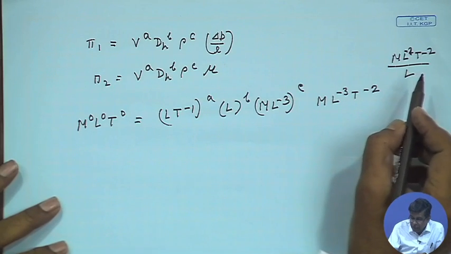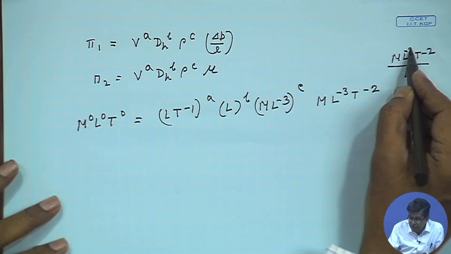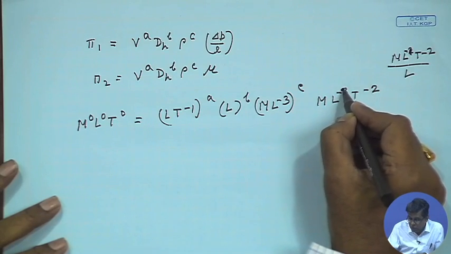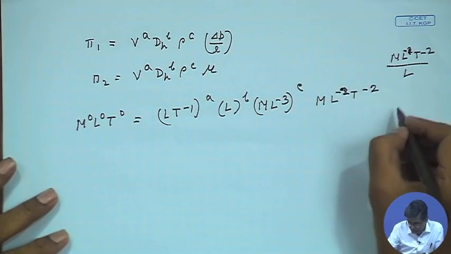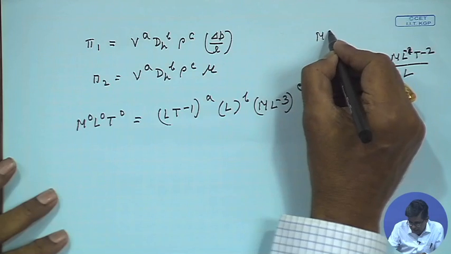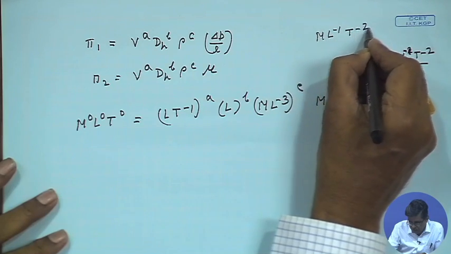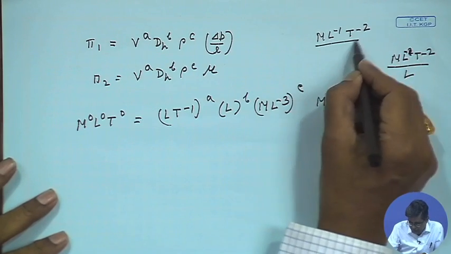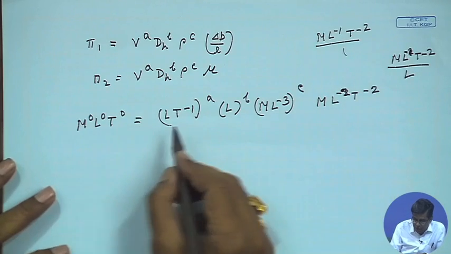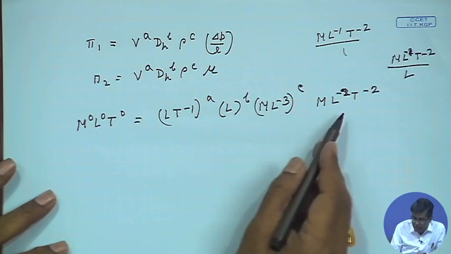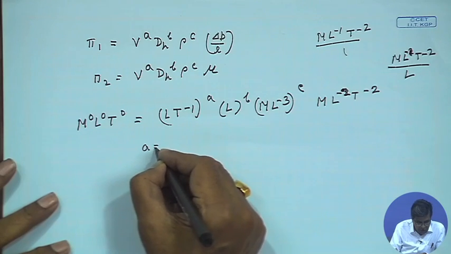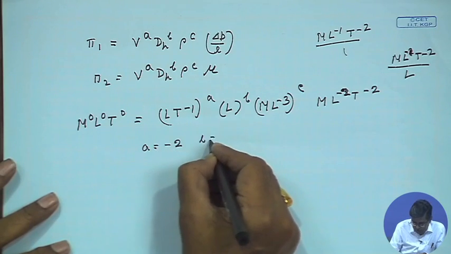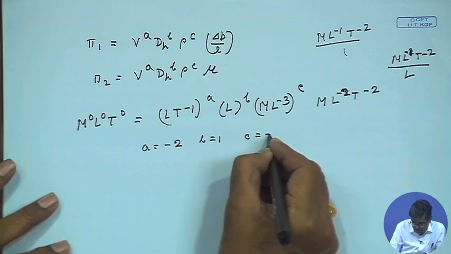Now if we equate the L, M and T indices, we get A equal to minus 2, B equal to 1 and C equal to minus 1.